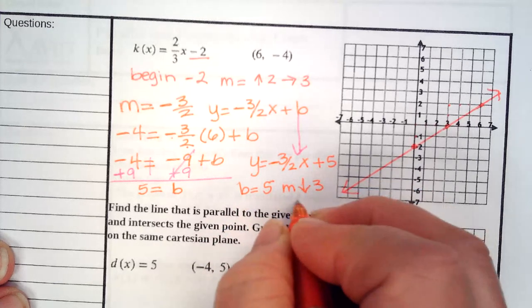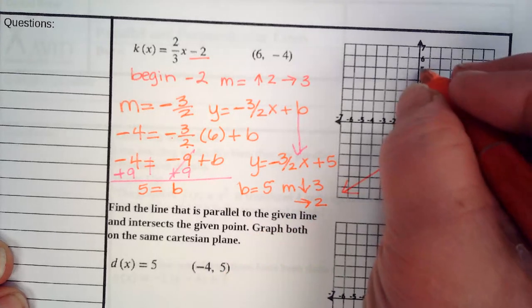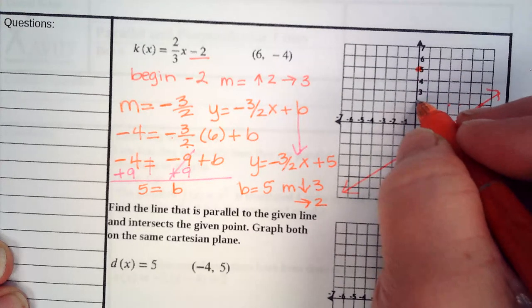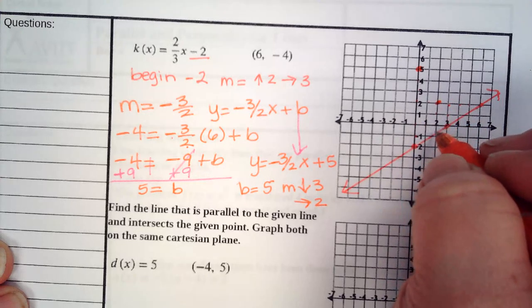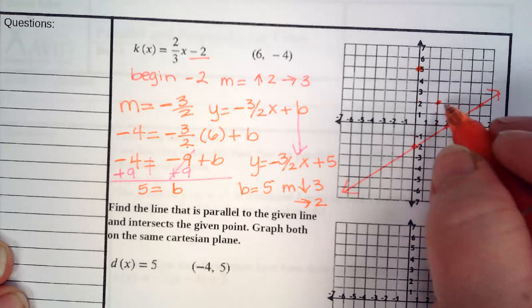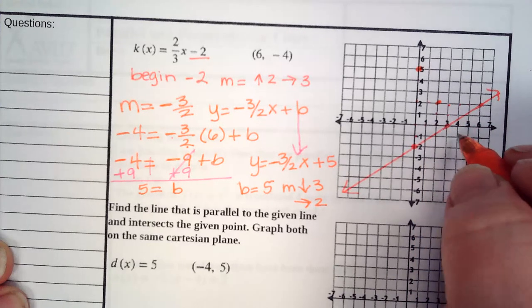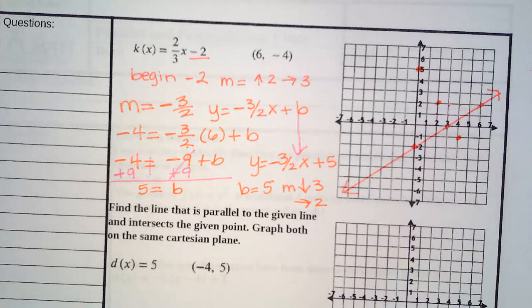Down 3, right 2. Find your 5. Go down 1, 2, 3, right 1, 2. Go down 1, 2, 3, right 2. We're ready to draw the line.